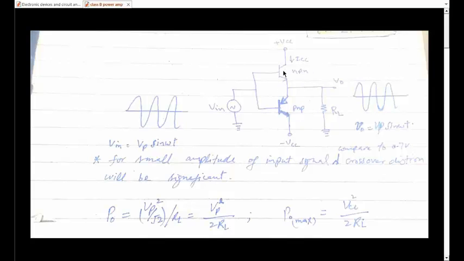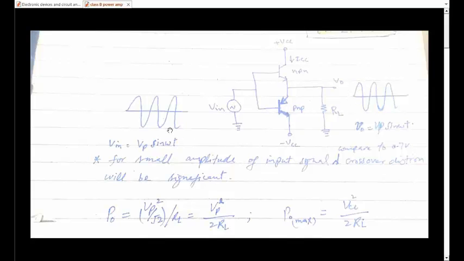Each transistor conducts for only one half cycle. For the positive half cycle, the NPN transistor is on, and you will get output for that half cycle.